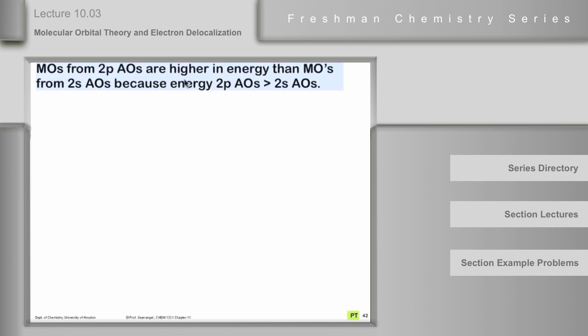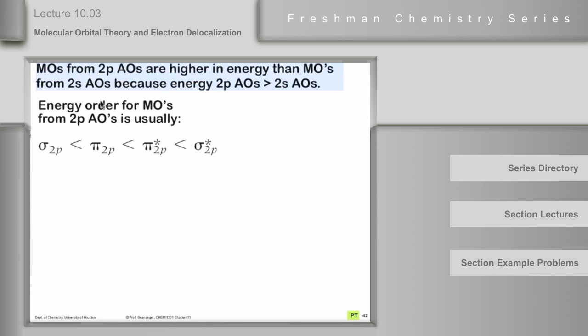Now, in this case, we note that 2p atomic orbitals are always higher in energy than 2s atomic orbitals, except in one case, hydrogen. Hydrogen atom, they're the same. But otherwise, 2s is always lower than 2p. We saw that back in chapter 8.